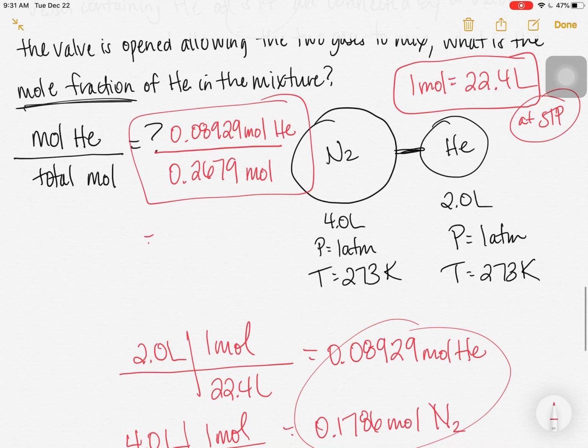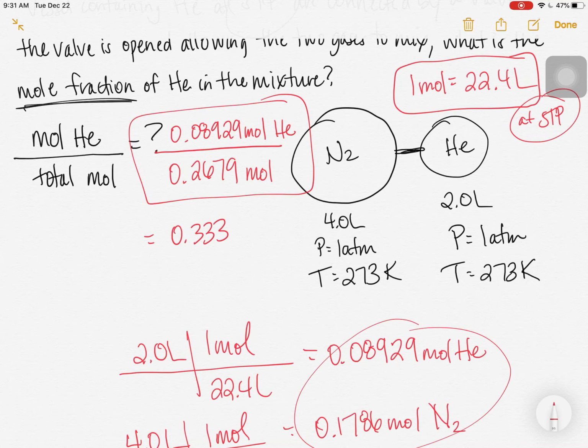So this is my mole fraction. But they probably want me to simplify it. So it gives me 0.333. What that truly means is that a third, right? That's a third of this mixture is helium by moles. So there you go. That's how you could solve for a mole fraction.